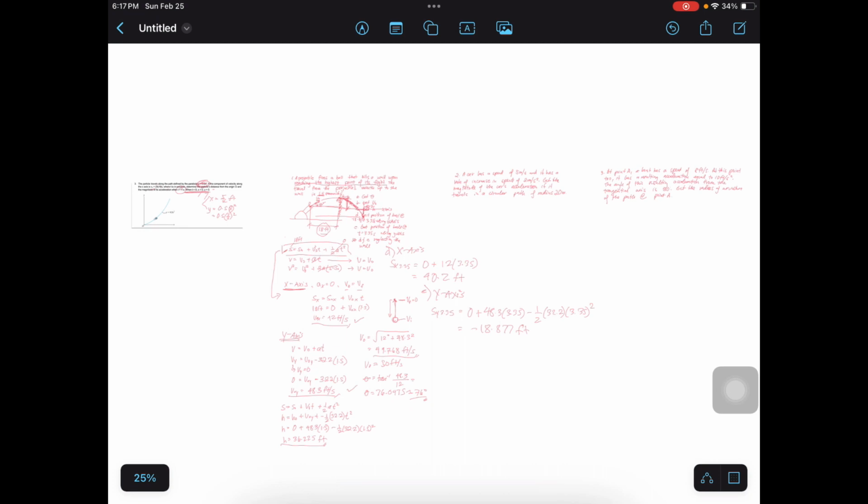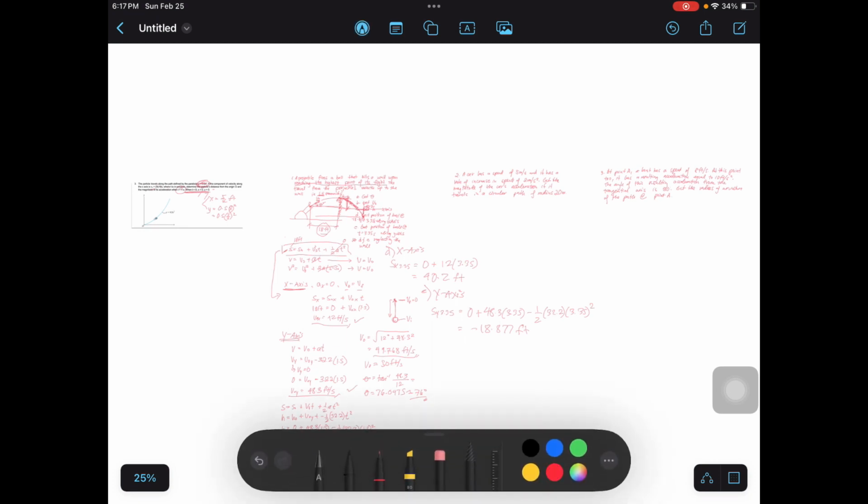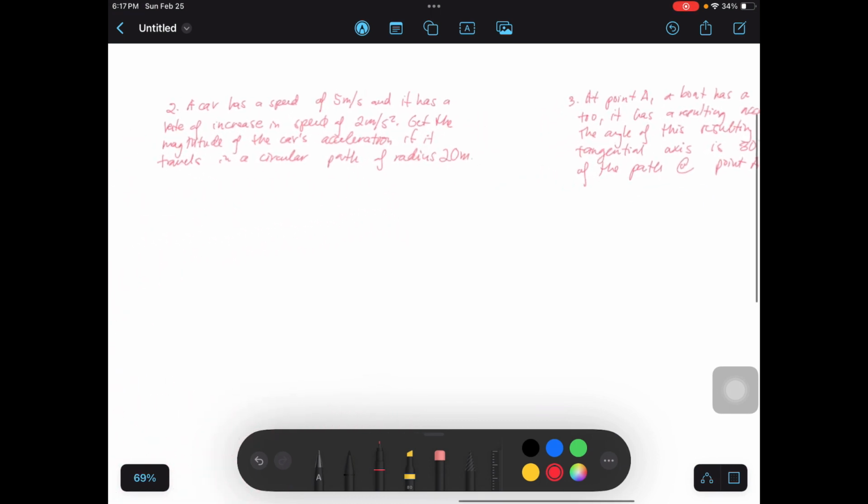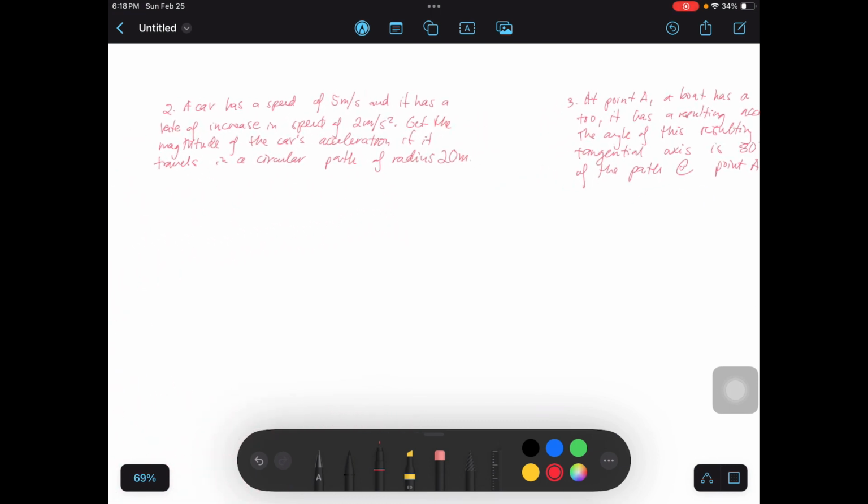So, problem number 2. Sabi ko nga, this is a direct substitution lang. A car has a speed of 5 meter per second and it has a rate of increase in speed of 2 meter per second squared.